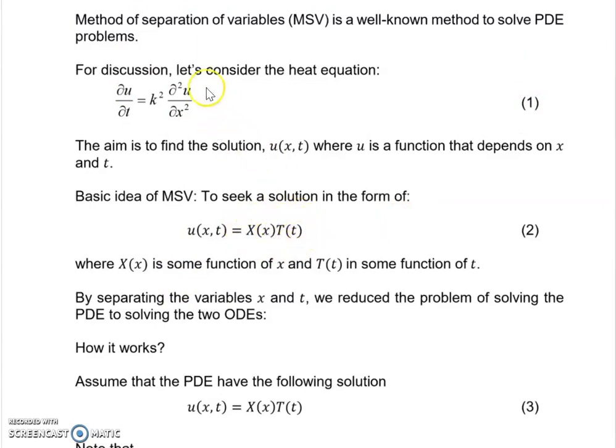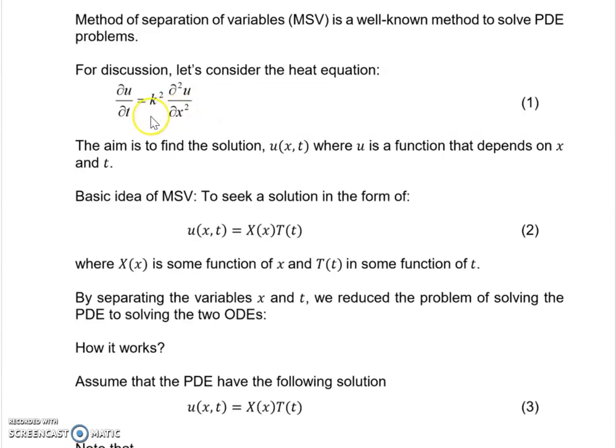Because by solving this equation 1, you need to get what is u, just like in chapter 1 and chapter 2. You have the differential equation given, and your task is to get y of x at the end.